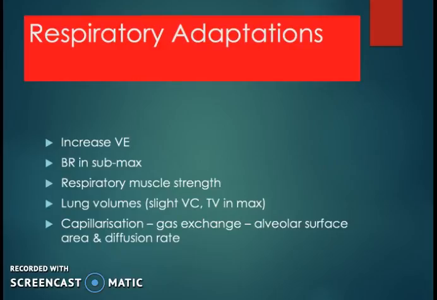If these things can be increased, that helps a lot because lung volume will increase and tidal volume will reach its maximum. Also, the breathing rate will decrease because you'll be able to take more oxygen in and push more carbon dioxide out.